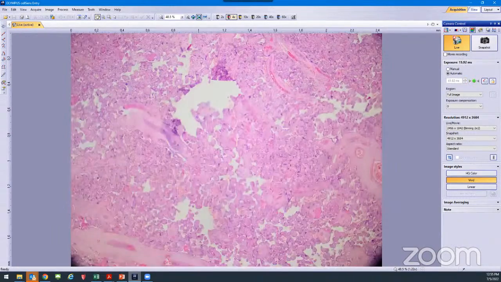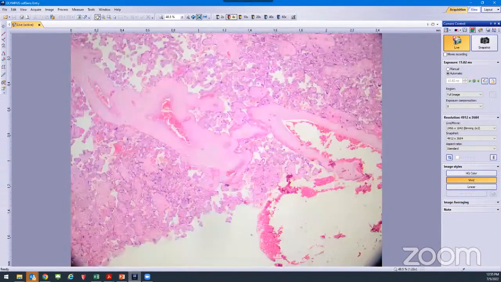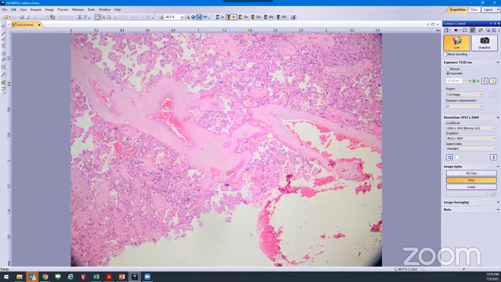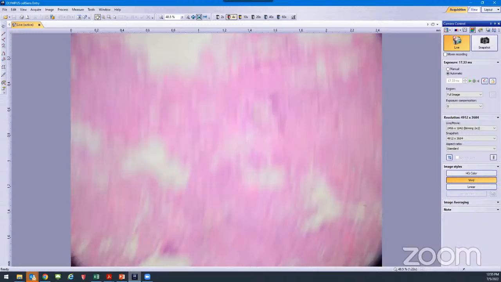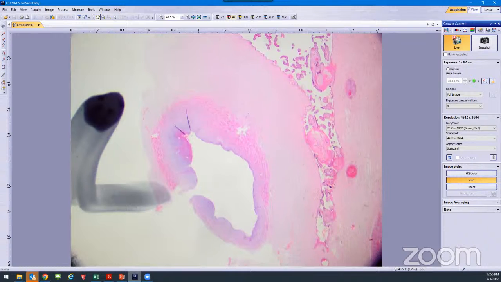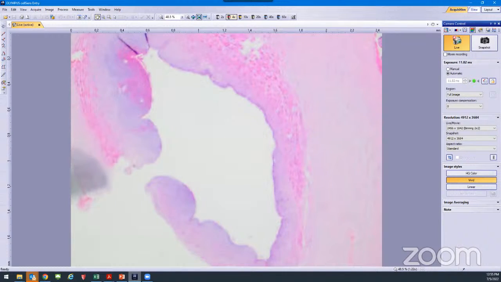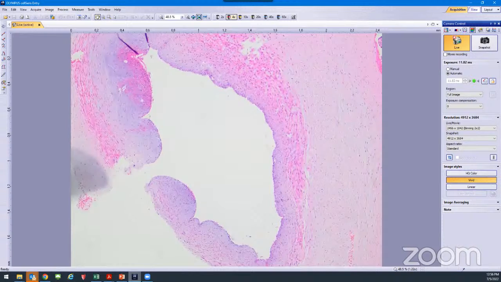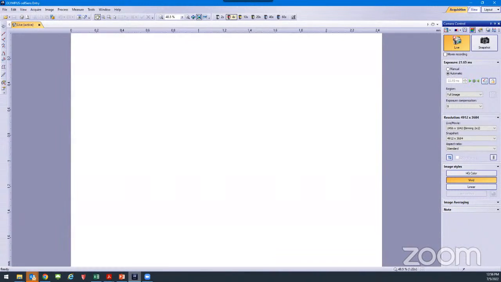And when we look at the slide, again, I always start at the chorionic plate. So we're up here. So first thing we notice in this chorionic plate vessel, we have a nice focus here.